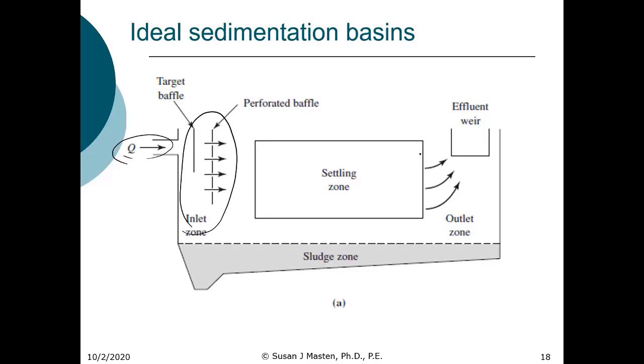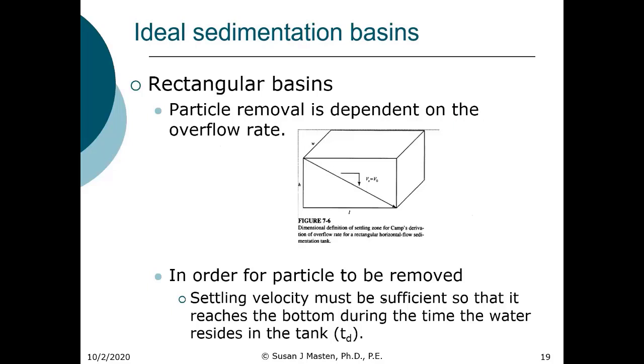And then you have the outlet zone and the sludge zone. So when we look at rectangular basins, the particle removal is dependent on the overflow rate, and we'll talk about that in just a bit. And that is a function of the design of the basin.